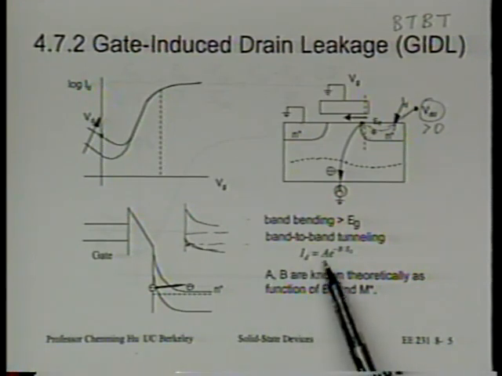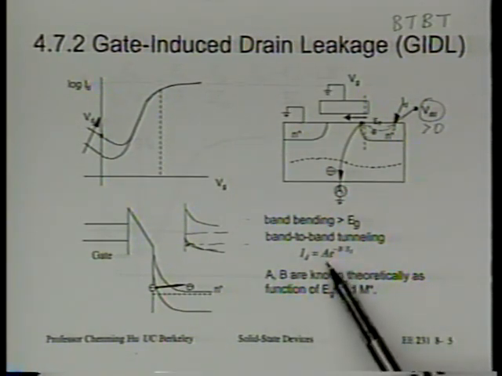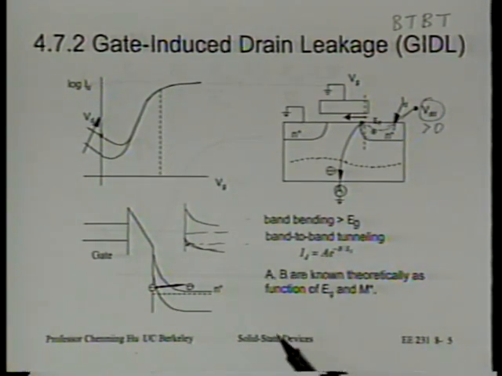And these A and B are known analytically in textbooks. Often they are given in terms of Planck's constant, the effective mass, and band gap, and things like that.